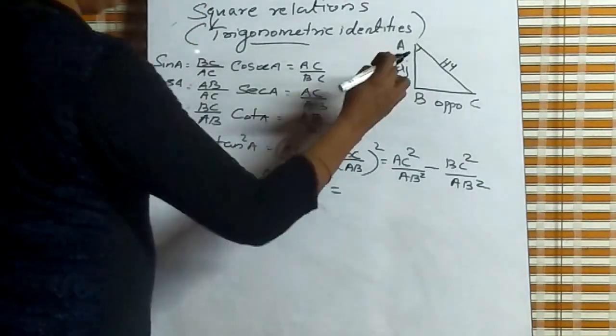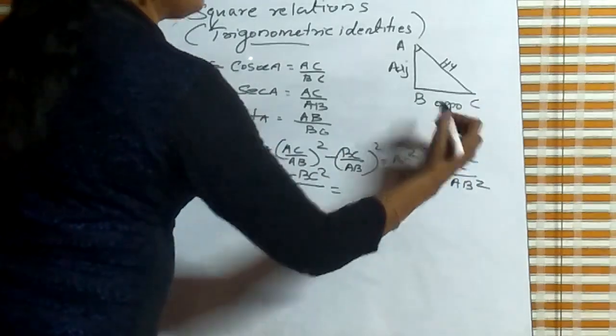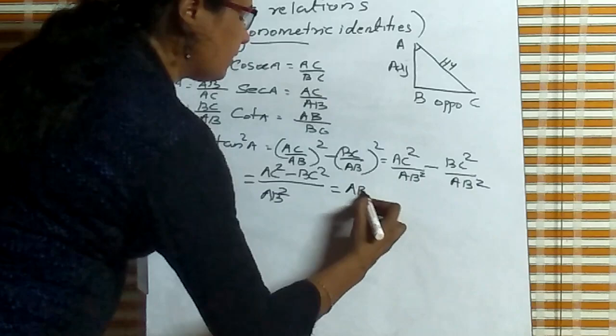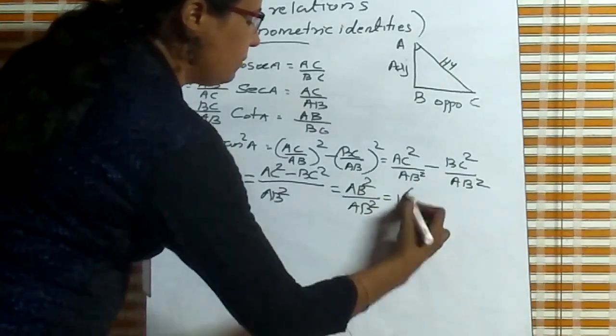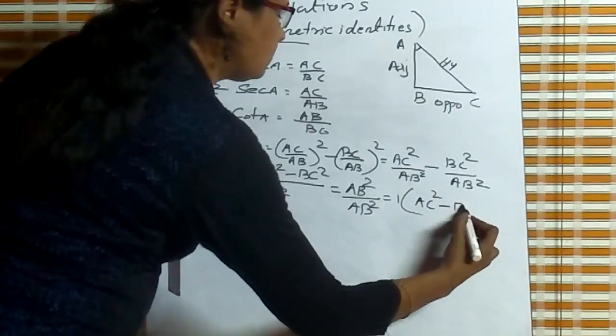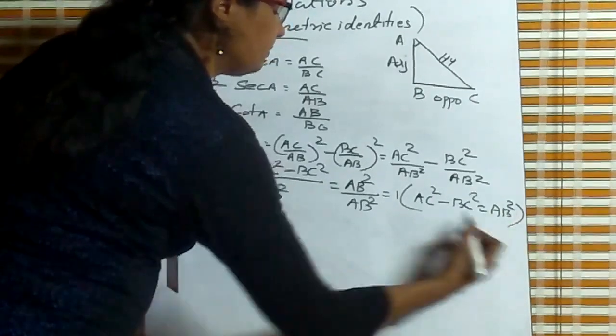From the figure, what is AC square minus BC square? AC square minus BC square is AB square, so AB square by AB square is equal to 1. AC square minus BC square is equal to AB square.